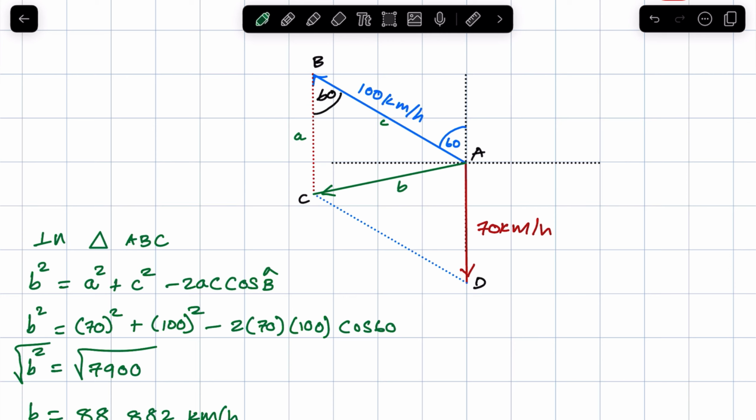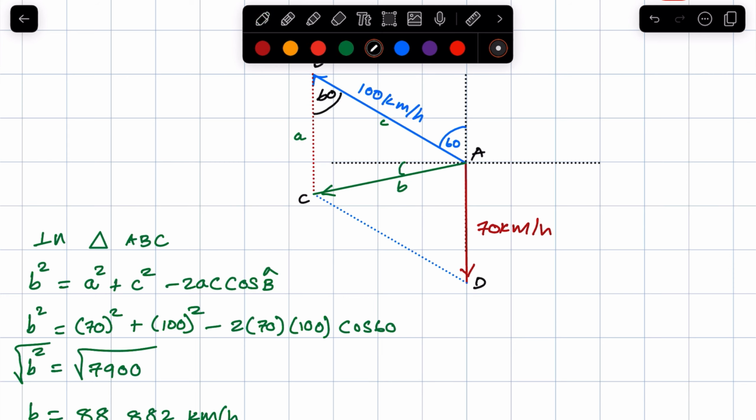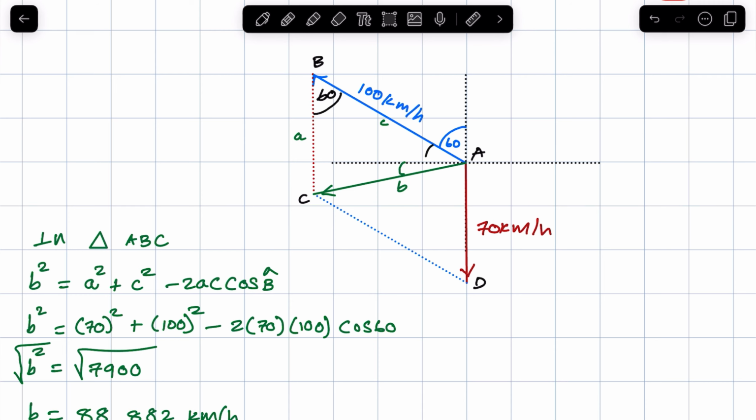So we are going to calculate this angle. Still using triangle ABC, in calculating that angle, we first need to get this angle here.